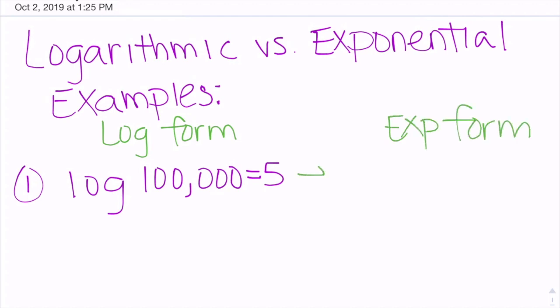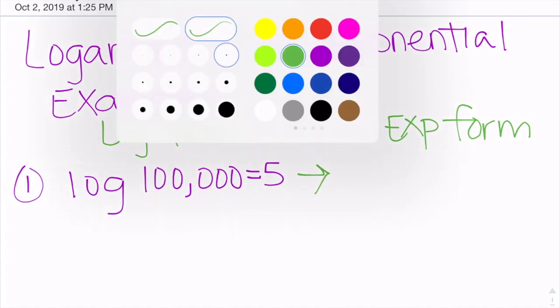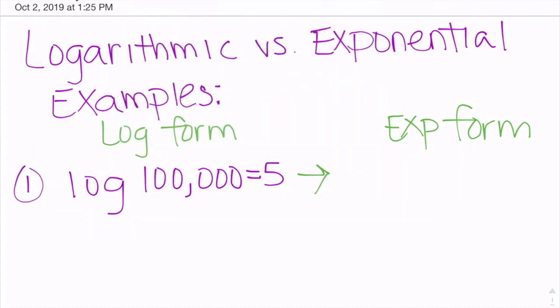So to convert this into exponential form, we want to remember that a logarithm with no base written in has an unwritten base of 10, and we're going to create our map. So we're going to say 10 to the 5th power is equal to 100,000.